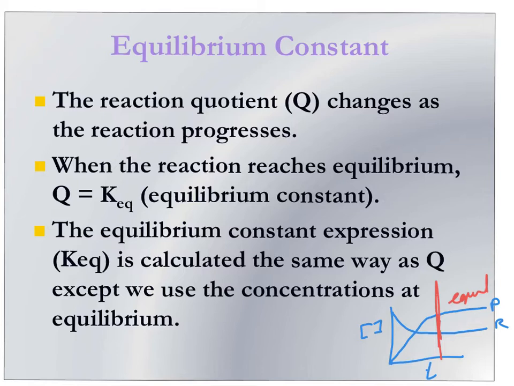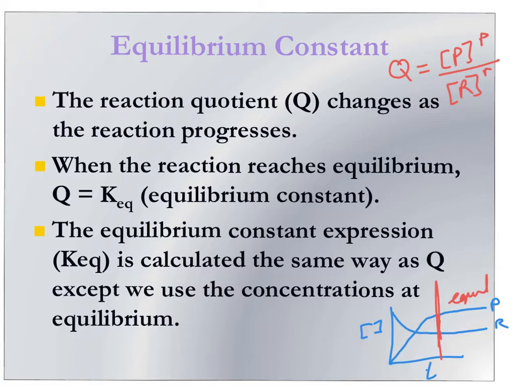So let's look at this a little bit closer. Q, we said, was the concentration of the products raised to the power of its coefficients divided by the reactants raised to the power of their coefficients, right? So at the very beginning of a reaction, time equals 0, you have no products, right? You don't start with any products.